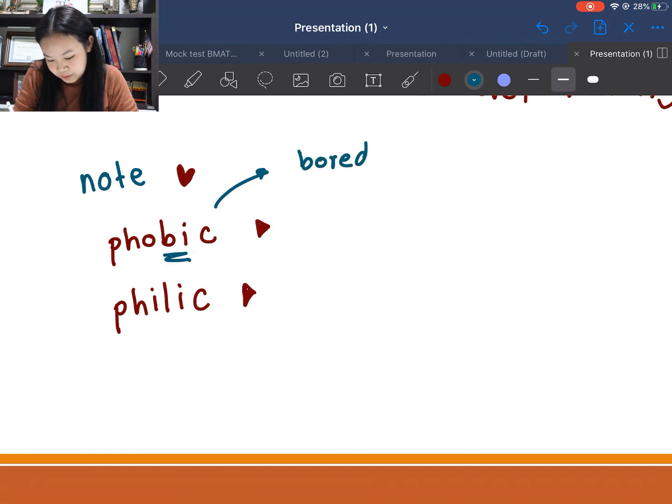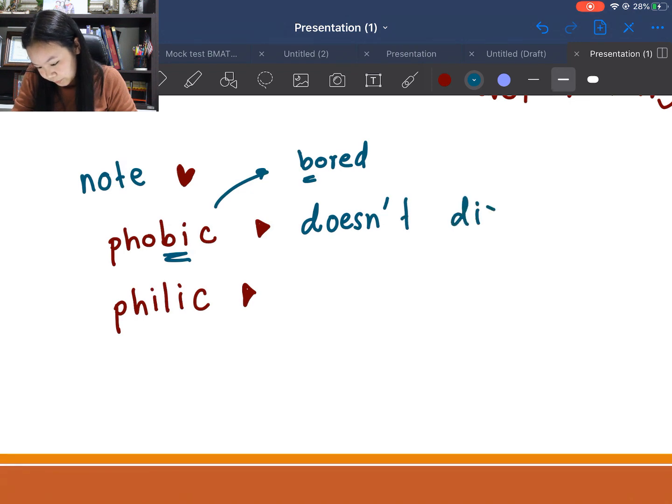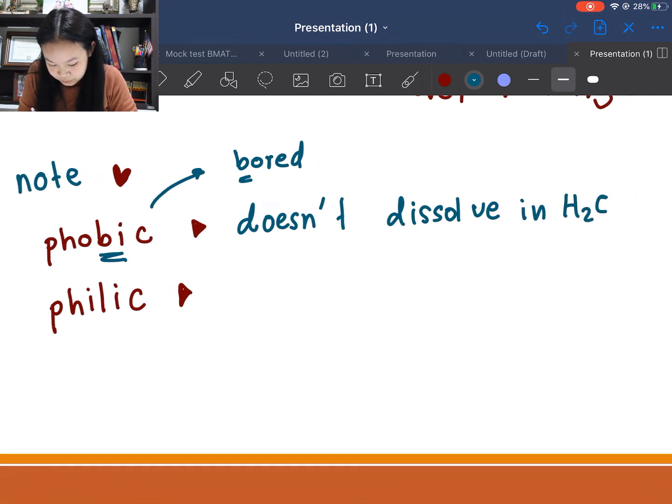So it doesn't like water, so it does not dissolve in water. While the philic, where L stands for like, this is a way for me to remember. So this means it dissolves in water.